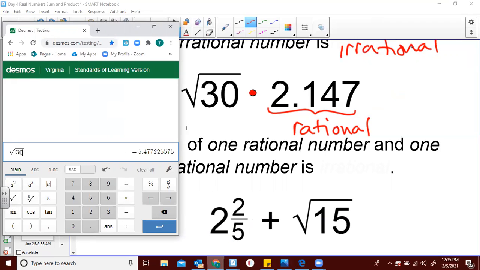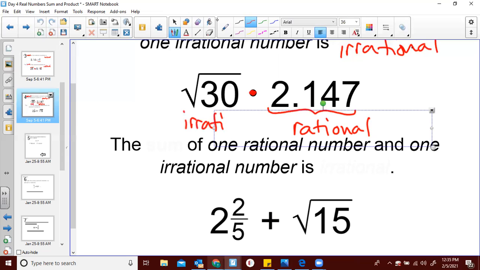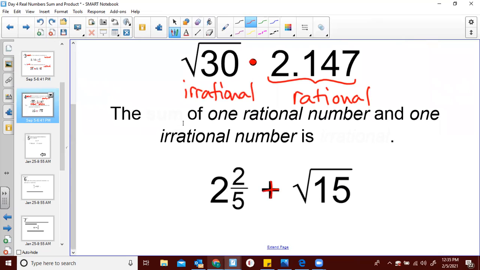We get a decimal, all right? You don't even have to really look at this number to think about this, right? Just know that if you take the square root of a number and you do not get a whole number, right? You do not get a natural number. Right away, it's not a perfect square. Therefore, it is always going to be irrational.